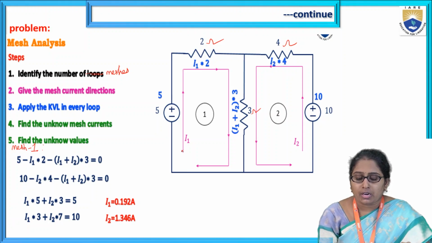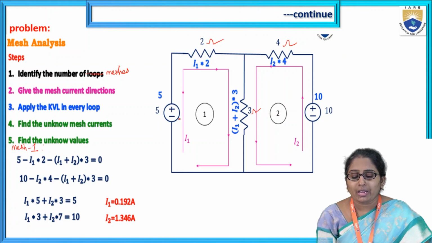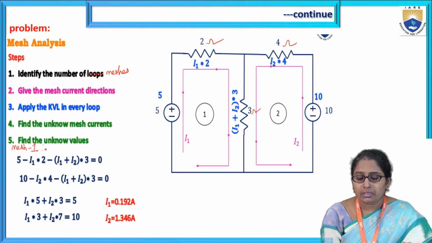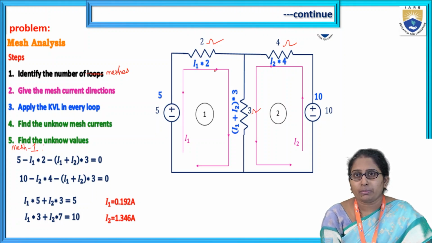For mesh 1, we start here. This is a battery, and we are moving from the negative terminal to the positive terminal, so it is a voltage rise. That's why plus 5. Next, moving in mesh 1, the next element is the 2 ohm resistor.